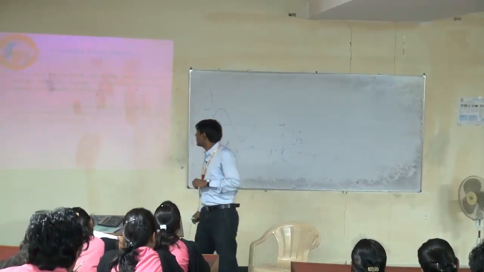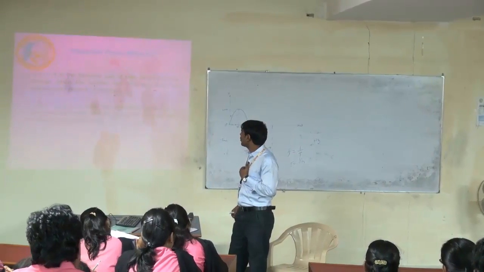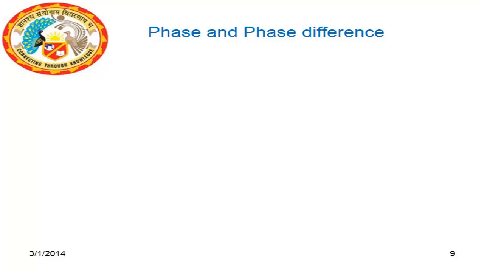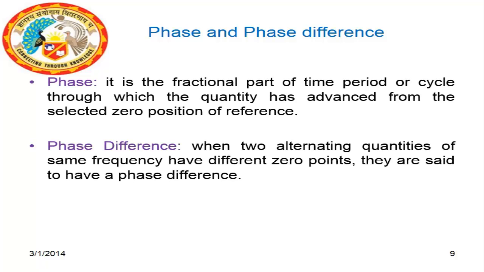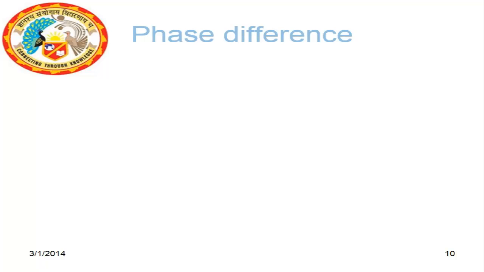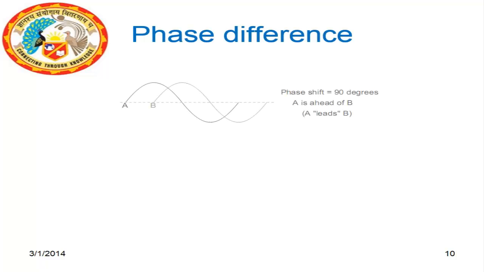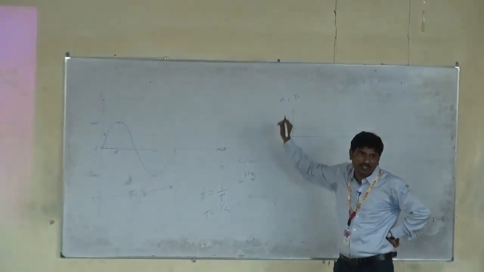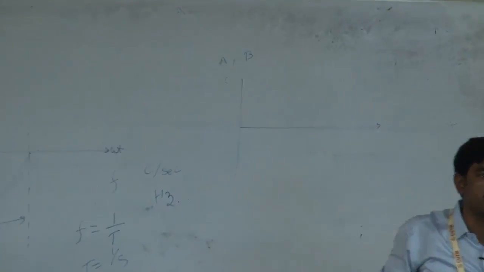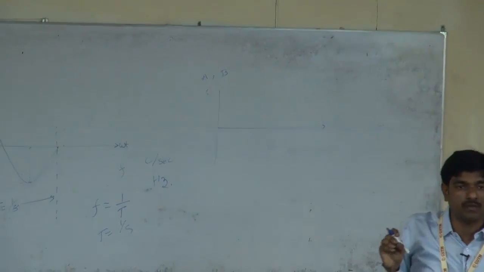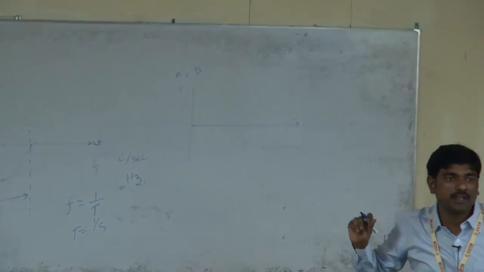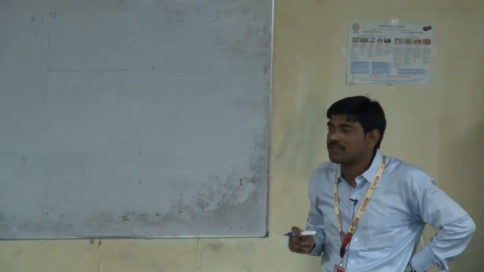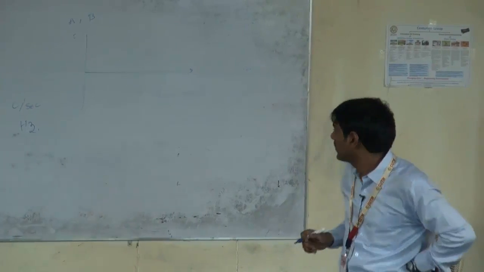The next one is phase difference. When two alternating quantities of the same frequency have different zero points, they are said to have a phase difference. Let us have two alternating quantities, A and B. The condition is that the frequency of A and B should be the same. What is frequency? The number of cycles occurring in 1 second. If you want to compare the phase difference between two alternating quantities, their frequency should be the same.